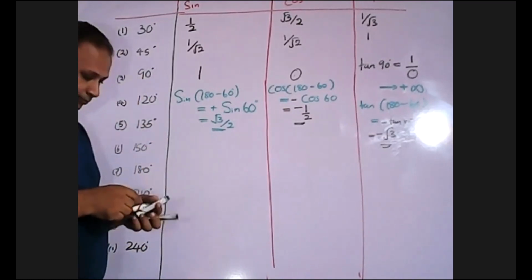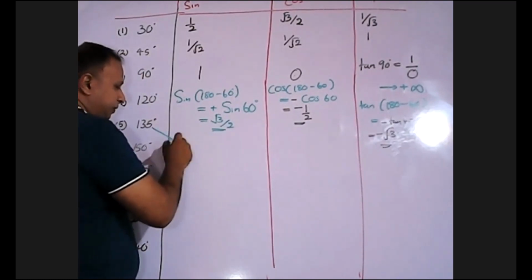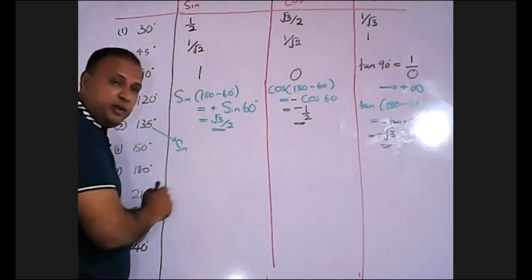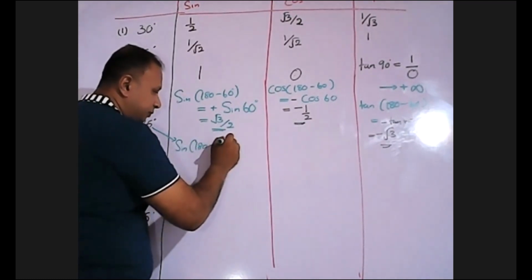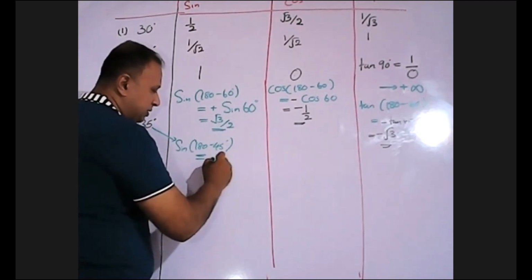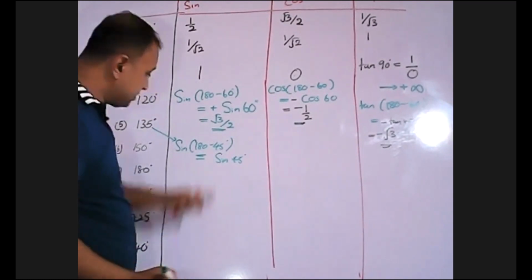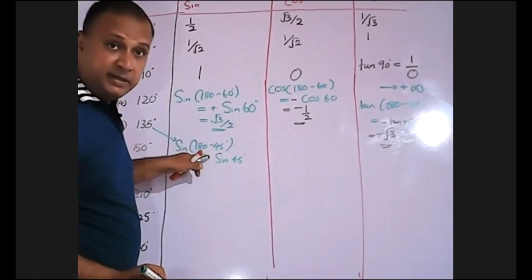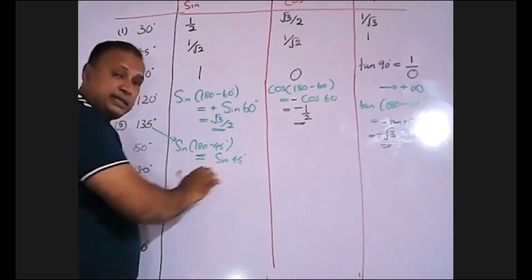Then, this one. 135. 135 can be written as 180 minus 45. Therefore, it is equal to sine 45. As this is an even number, sine values remain as sine.